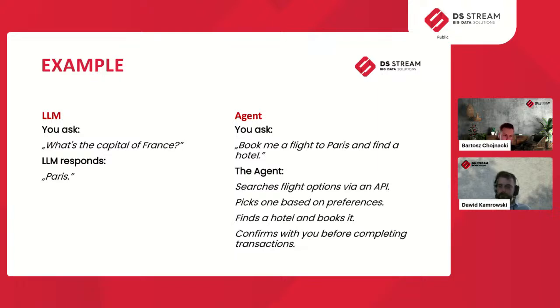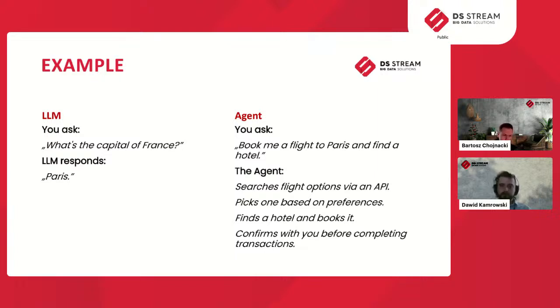Okay, so let's take a look at a simple example of the difference between a pure large language model and an AI agent. A pure LLM can answer questions such as what is the capital of France and give you an obvious response, which is of course Paris. It works like a smart text generator that uses patterns it has learned in the training process.